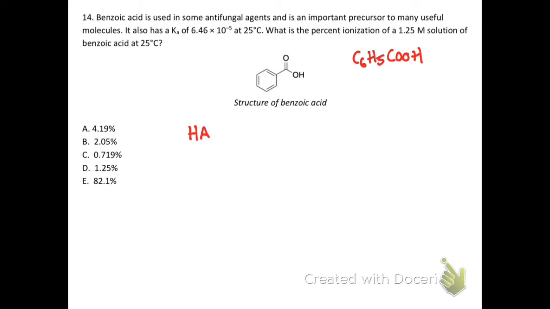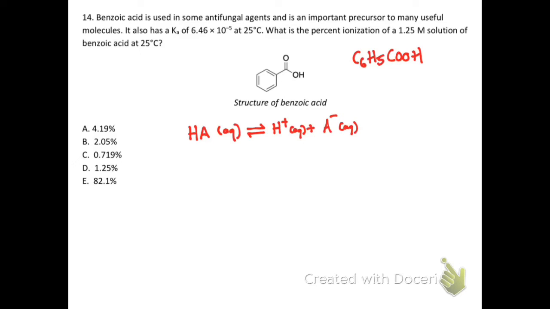It's the generic weak acid, because we know all weak acids do the same thing in aqueous solution. They dissociate in an equilibrium reaction to form H plus and the conjugate base.